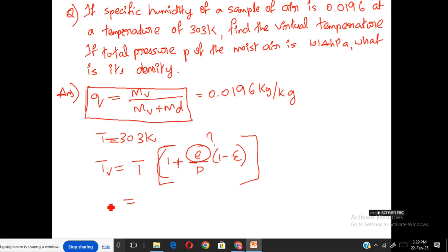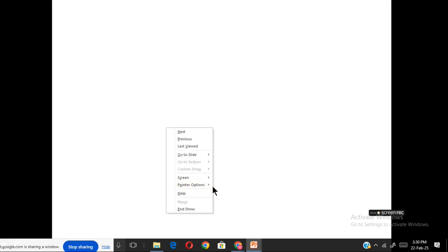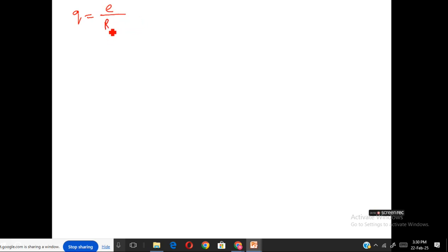So from this we can write specific humidity Q as rho V by rho V plus rho D. Again, from the ideal gas equation, rho V can be written as E by RV into T, and rho D can be written as PD by RD into T. So it will become Q is equal to rho V, E by RV into T, by E by RV into T plus PD by RD into T.